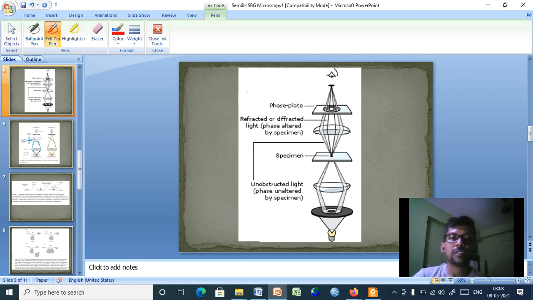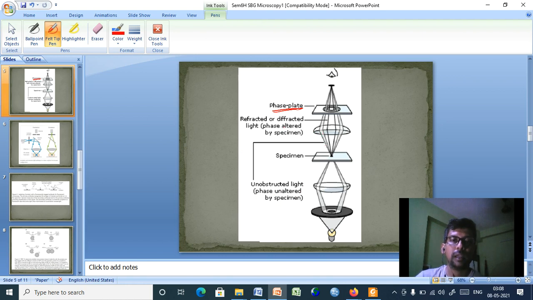So in phase contrast microscopy, this is a specially constructed phase plate. And in this microscopy, two things are formed. One is known as unobstructed light, phase unaltered by the specimen. So this portion of light is not altered by the specimen.